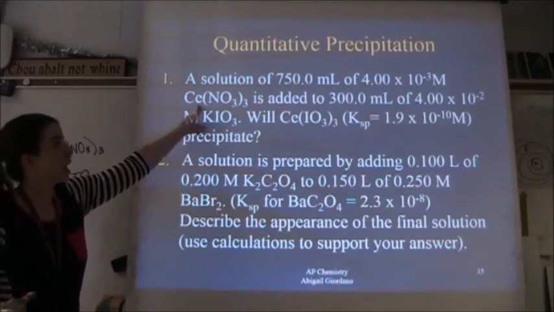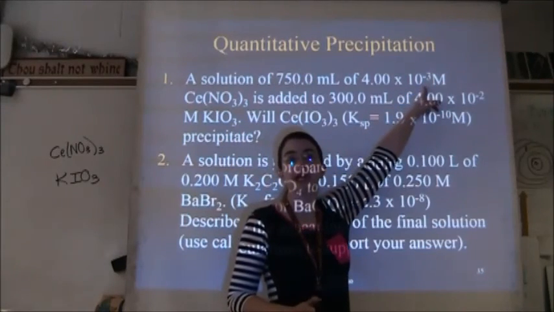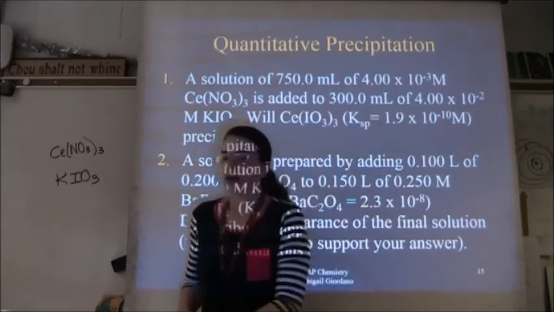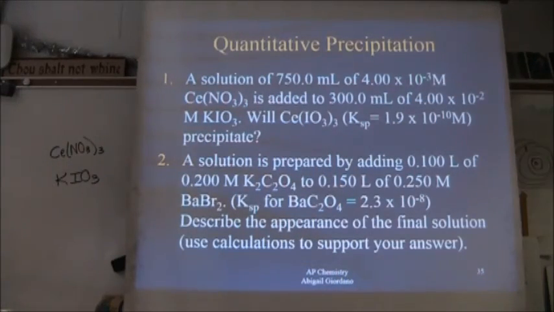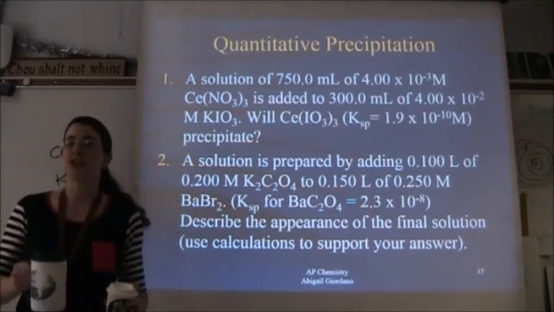Okay. And you might say, oh, awesome. Here's a molarity for cerium. I'm just going to plug it in. It would be nice if it were that easy. Okay. But here's the deal. Let me use one of my bazillion coffee mugs for this. All right. Ready? Here's cerium nitrate.